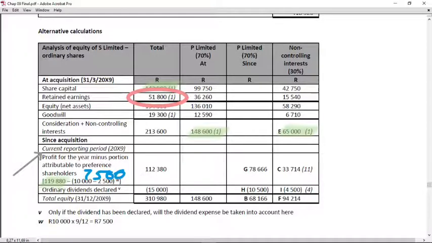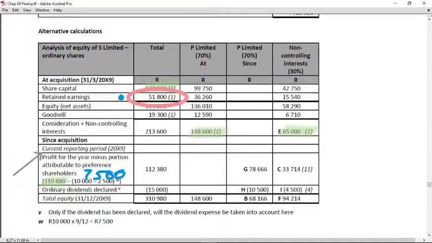Then in since-acquisition opening balance, you'll start with the opening retained earnings of S. You will deduct this at acquisition date retained earnings, and you will keep on with the attributing to parent and NCI like you've always done.